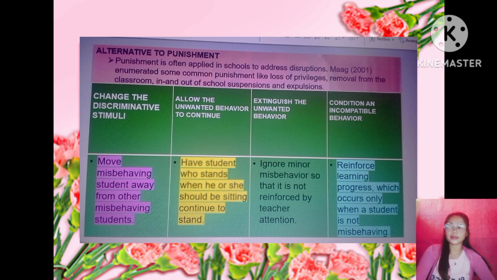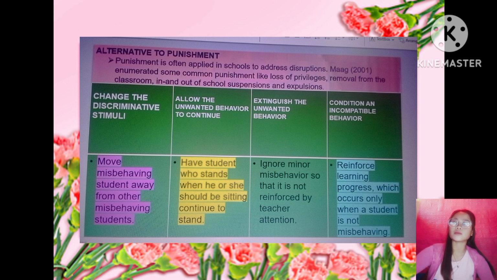Alternative to punishment: punishment is often applied in school to address disruption. In Maang 2001 enumerated some common punishment like loss of privilege, removal from the classroom, in and out of school, suspension, and expulsion.